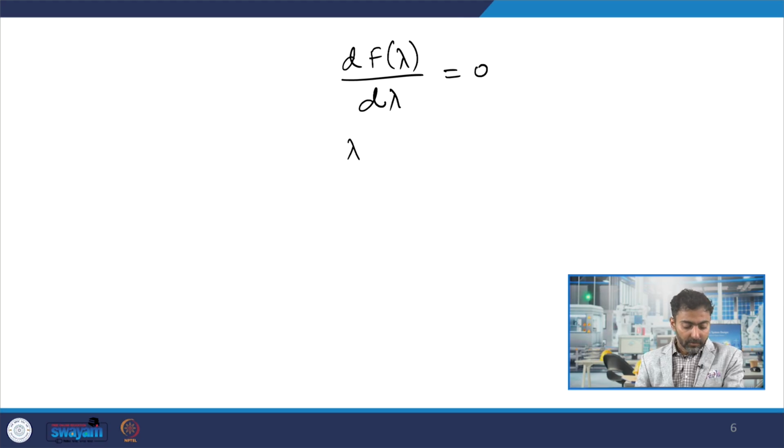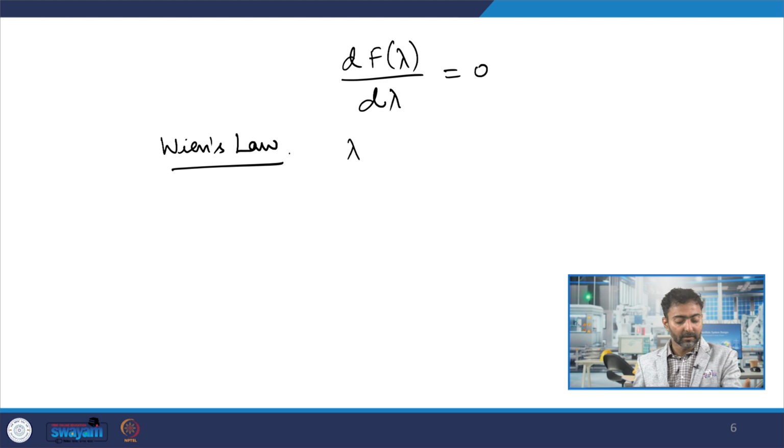This has been done by another scientist known as Wien, so we have one very famous result here, which is known as Wien's law. Wien's law tells us the wavelength at which a particular black body has its peak spectral irradiation.